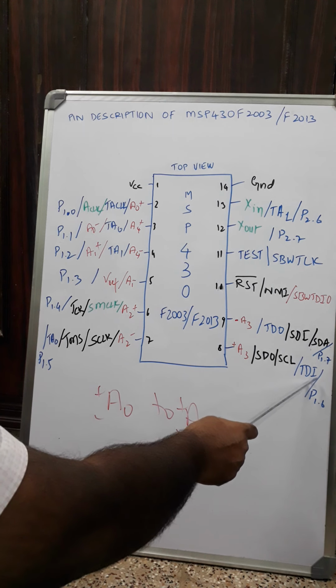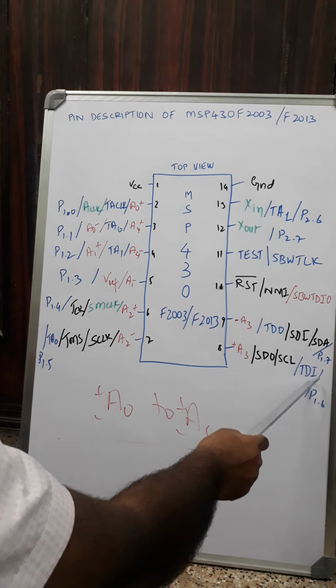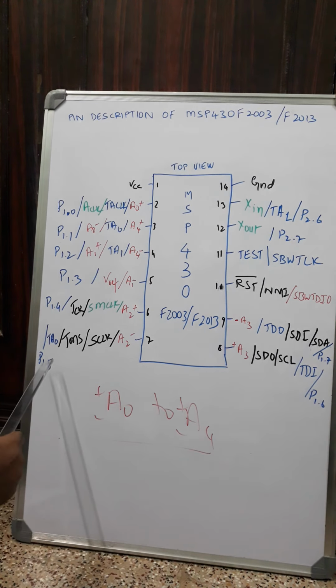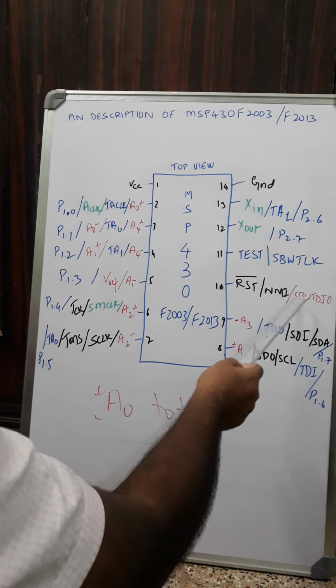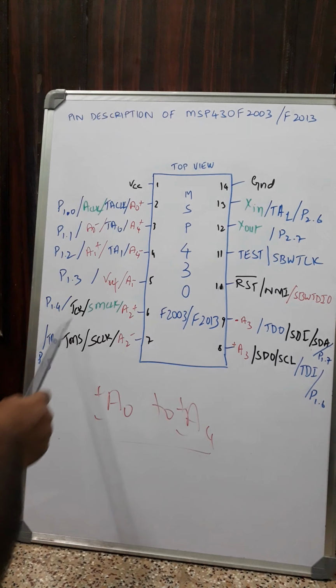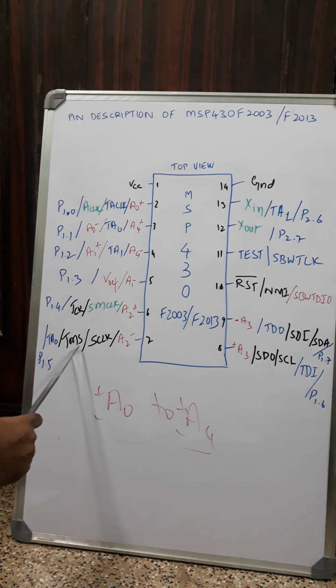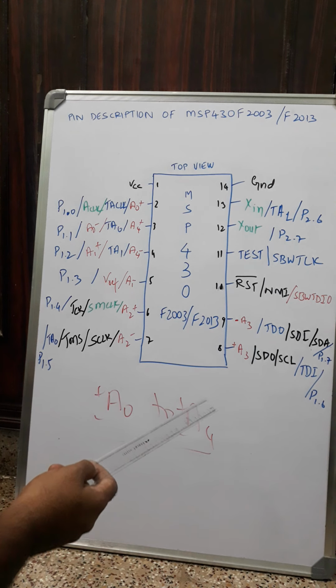Like that TMS. TMS is here. TMS is used for the test mode selection. Test mode selection signal is used to control the JTAG.